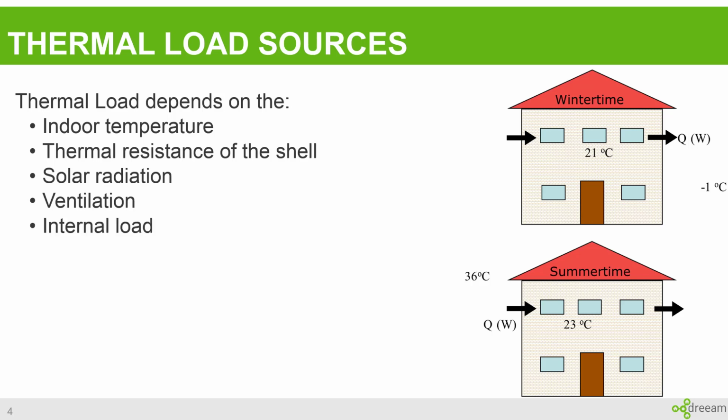Internal load also matters: if it is an office, a lot of computers; if it is a gym, a lot of heat added by the people; or if it is a residential house. So internal load and many other factors.